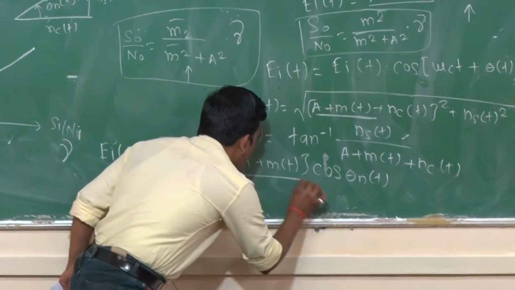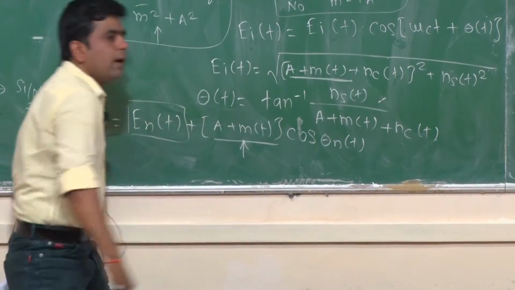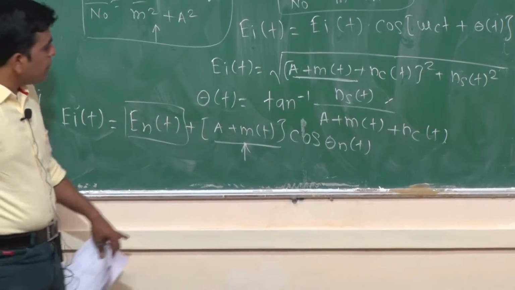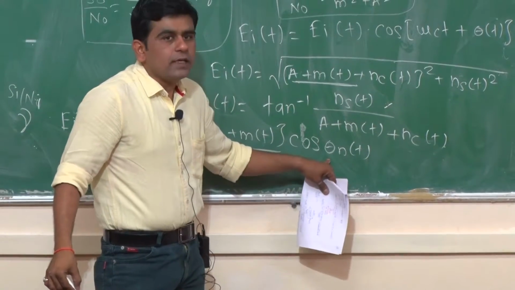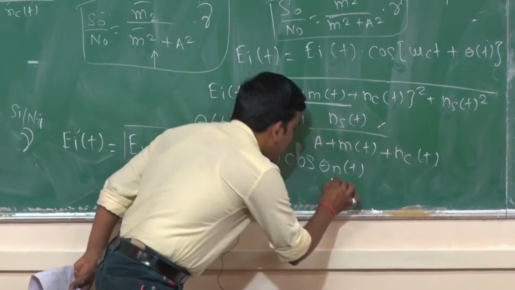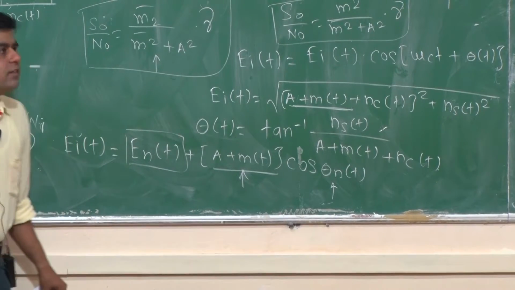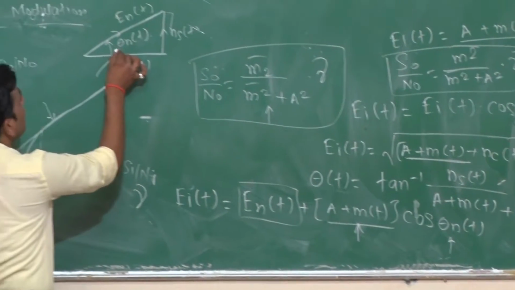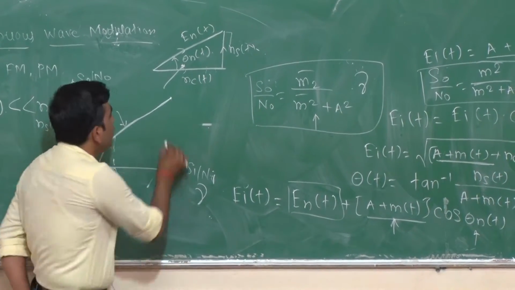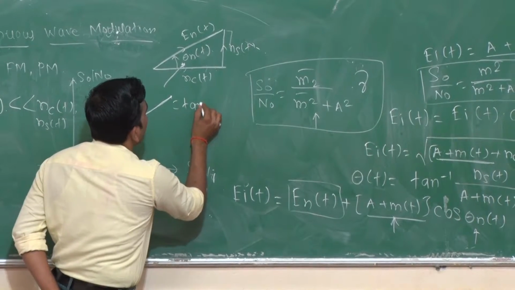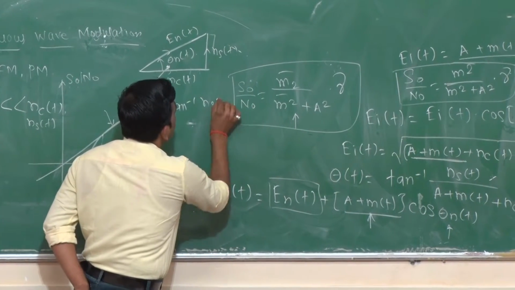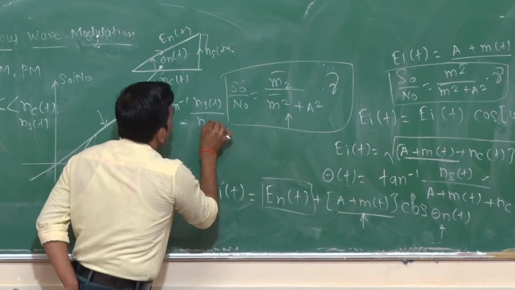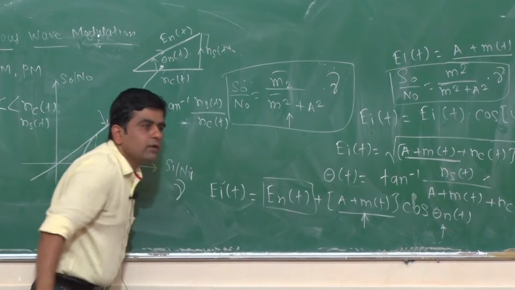This is the desired part from this envelope. It gets multiplied with cos theta n of t. This theta n of t is nothing but the phase angle for this noise, which can be given as tan inverse of Ns of t divided by Nc of t.